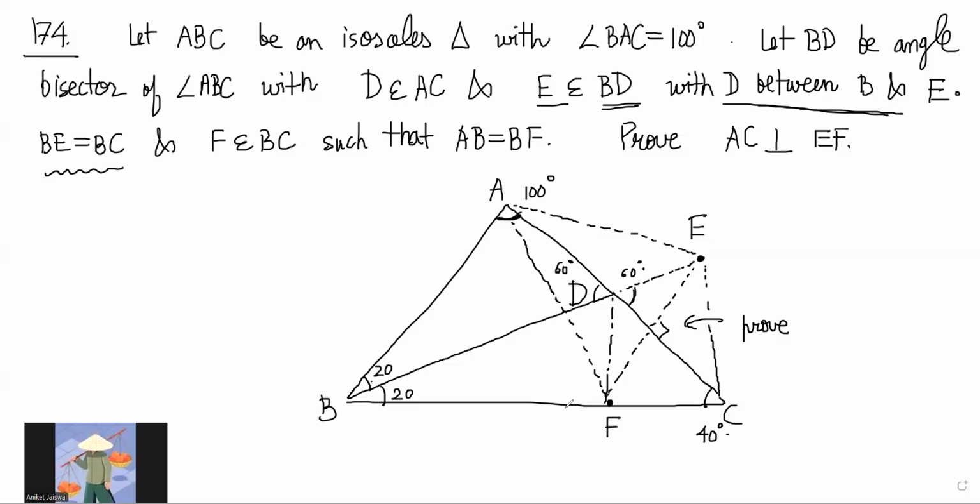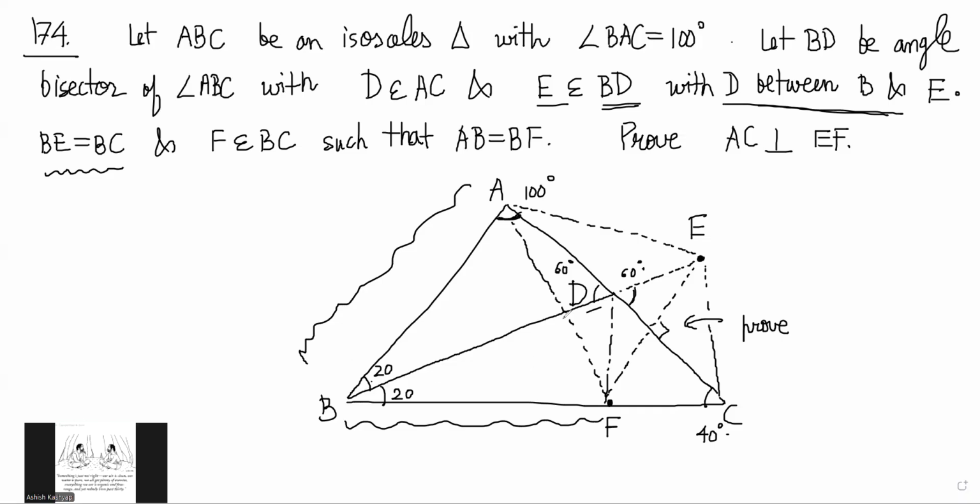AD is common, and BF is equal to AB, right? And there is a common side and there are equal angles. Yes, sir. So it is congruent. So by SAS, triangle ABD is congruent to FBD.